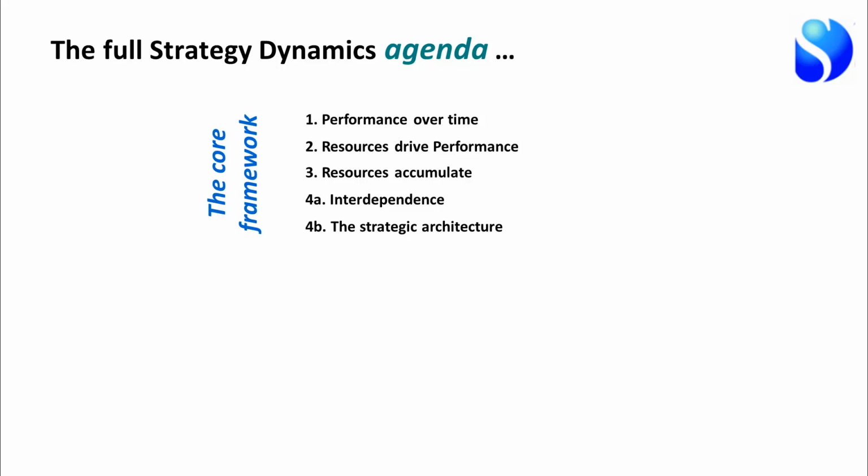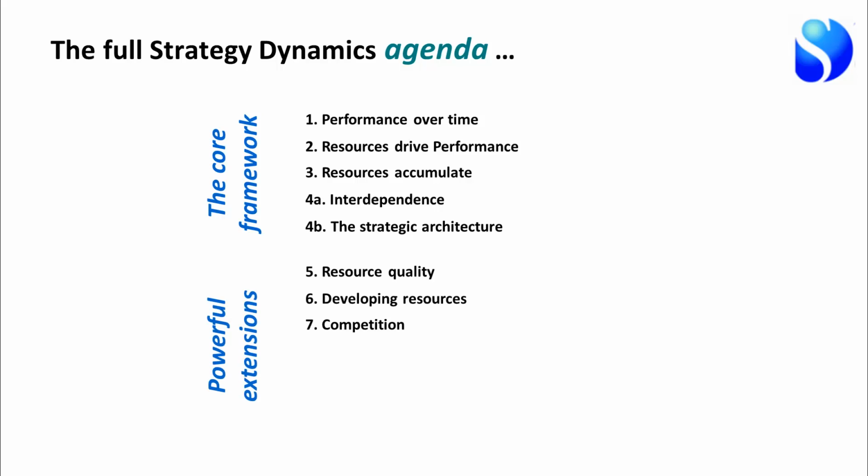So here's the full strategy dynamics agenda, and the way we've broken it out is that the first 4 classes basically set out the core framework that enables you to put together the simplest possible picture of how a business actually works and delivers performance. The later classes go on to add important and powerful extensions to that core.